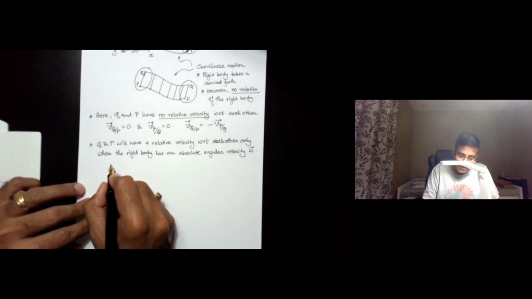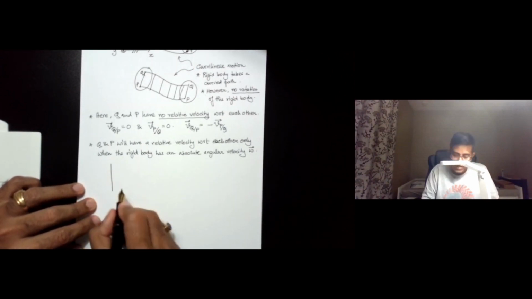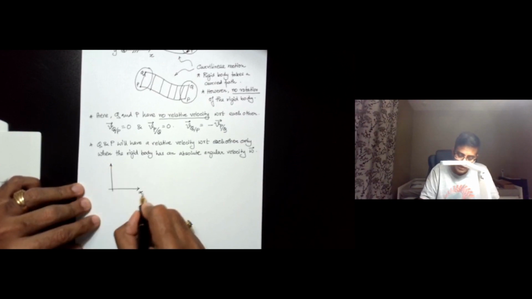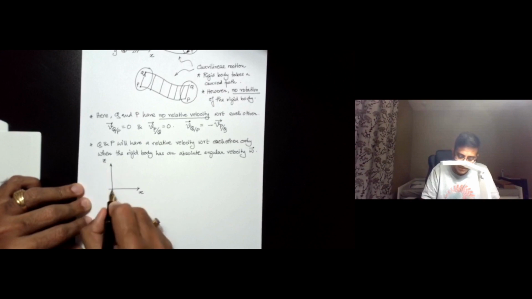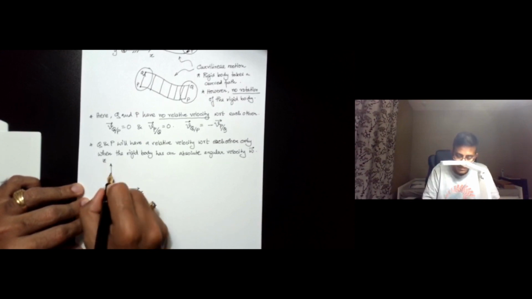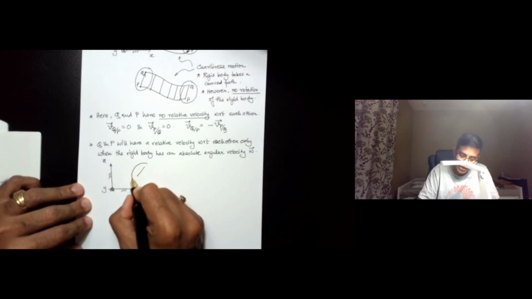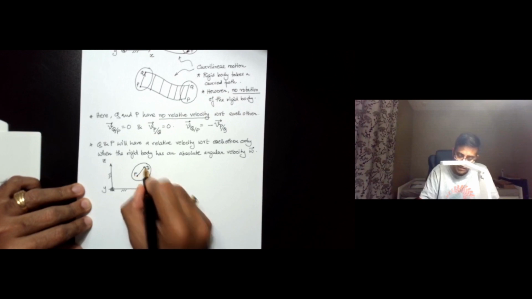So for instance, going back to that same example, let's say this is x, this is z, this is y, this is a fixed reference frame, and here is the rigid body with P and Q like this.